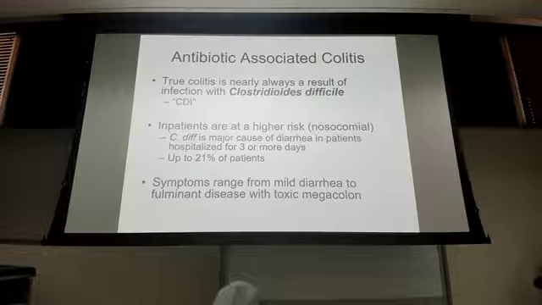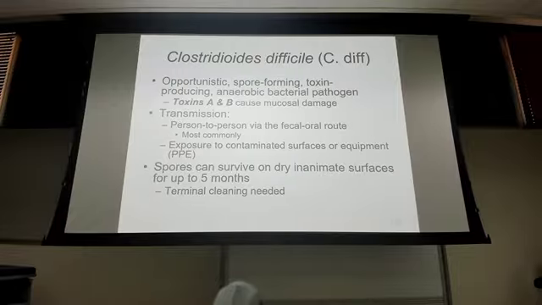So the symptoms can be mild even with CDI, but we can have fulminant disease that goes from that mild disease, and then we'll talk about the next phase when you get that pseudomembrane, and then ultimately CDI can lead to fulminant disease, which is a toxic megacolon, which we'll discuss. So what is C. diff?